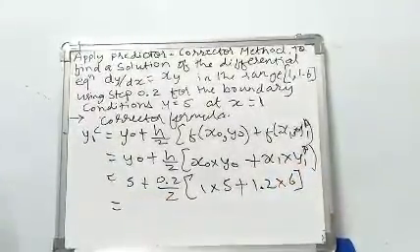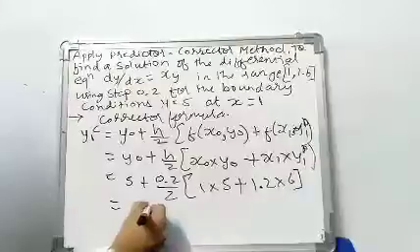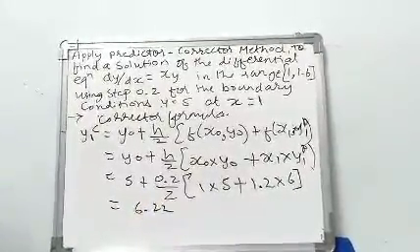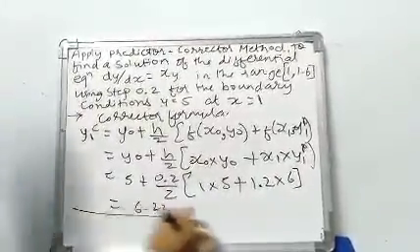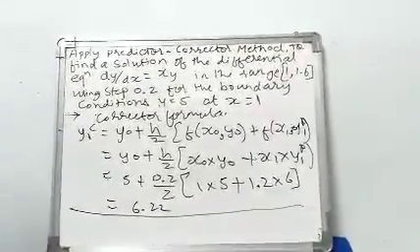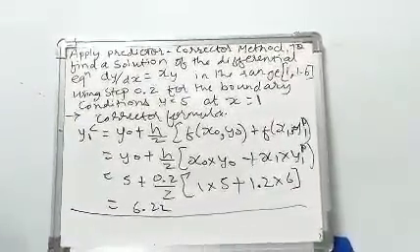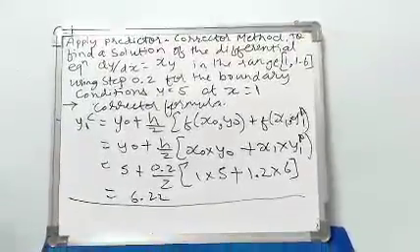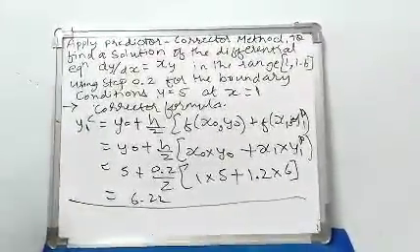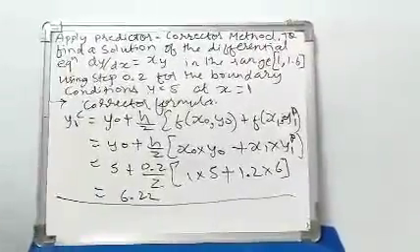So the final answer is 6.22. So this is step 1, for the value 0.2. Now similarly for y1p and y1c, we have to calculate all these values.